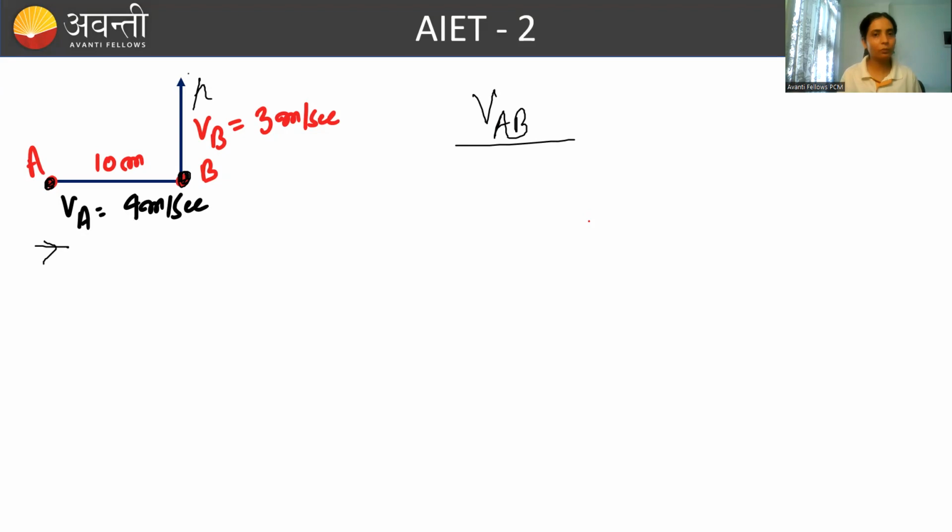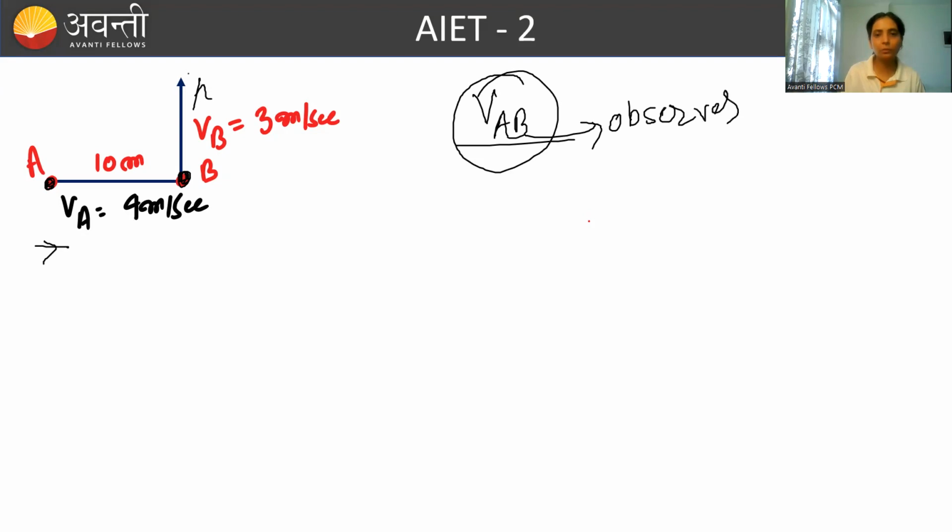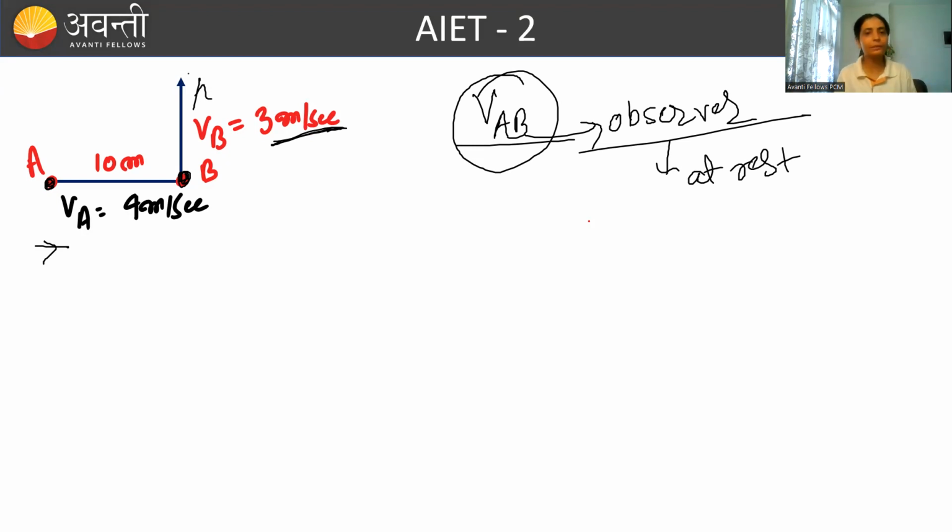What will be the direction of velocity of A? So VAB means B is becoming the observer. And this observer is at relative rest. Rest पे तो है नहीं, B move कर रहा है upward direction में 3 meter per second से. But in relative concept, if we say VAB, it means B is observer as relatively at rest, and then we are trying to see what is the velocity of A.